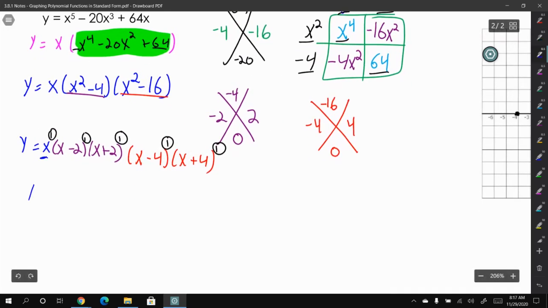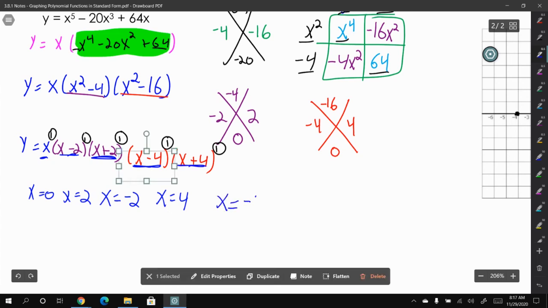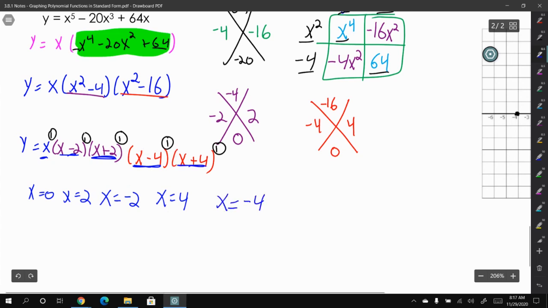So if we look at x, that means x equals 0. X minus 2 means x equals positive 2. X plus 2 means x equals negative 2. X minus 4 gives us x equals 4. And x plus 4 gives us x equals negative 4. So those are our 5 zeros.